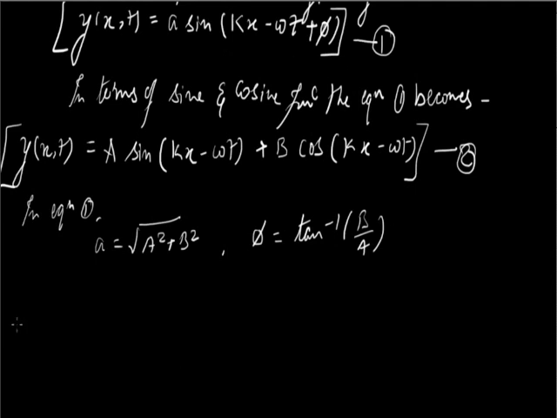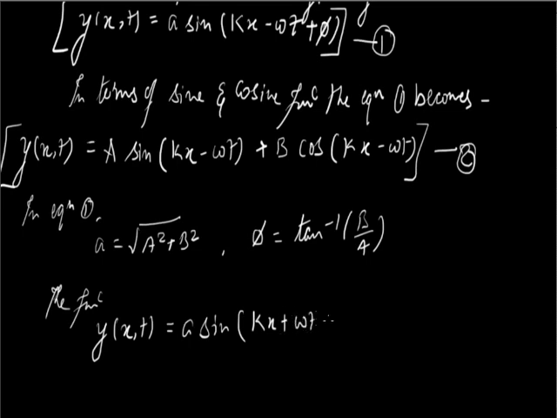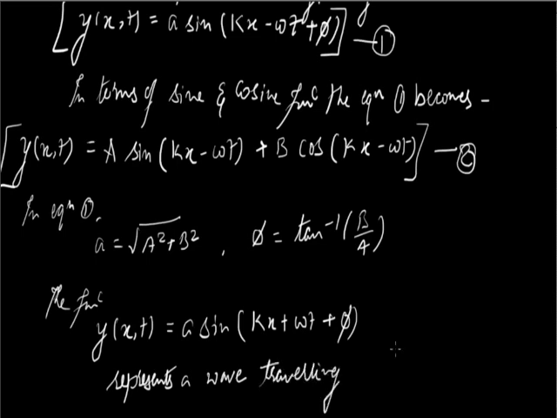And what does equation 2 present? The function a sin(kx plus omega t plus phi) represents a wave traveling in the negative direction.